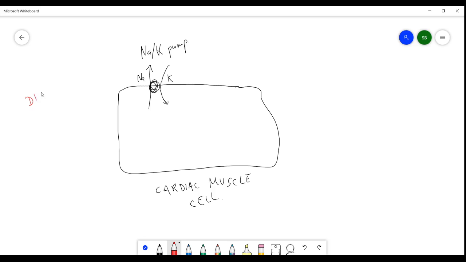Digoxin inhibits this pump, and the result is a build-up of sodium inside the cell.